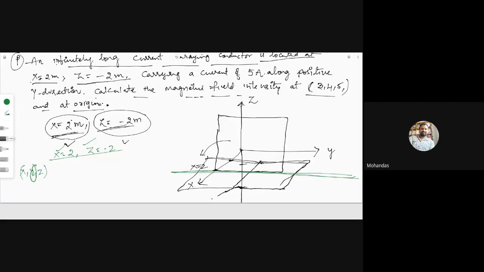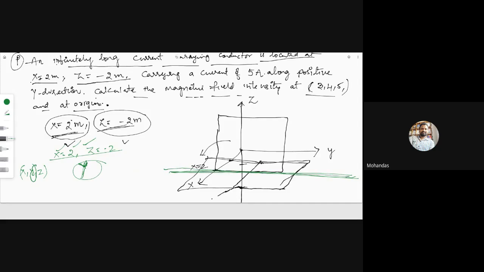The conclusion is that the intersection of these two constant coordinate surfaces results in a line, and that line should be parallel to the missing coordinate axis. So in this case, this is the line.